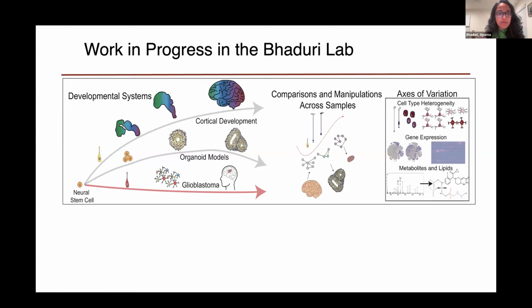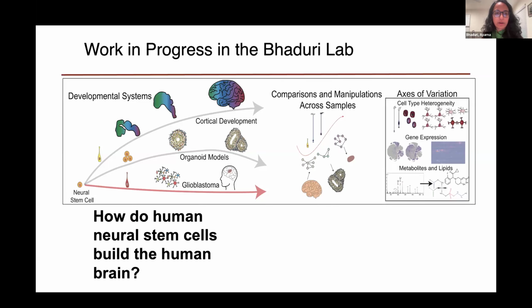But when we need to perform manipulations that are not feasible in those systems, we do lean on cortical organoids, which are a stem cell-derived system that you'll hear about today as a way to test hypotheses and identify new insights. We perform a number of measurements across these axes of variation, including related to cell type heterogeneity, gene expression, and metabolomics, which we won't highlight today, but if you are interested, please do follow up.